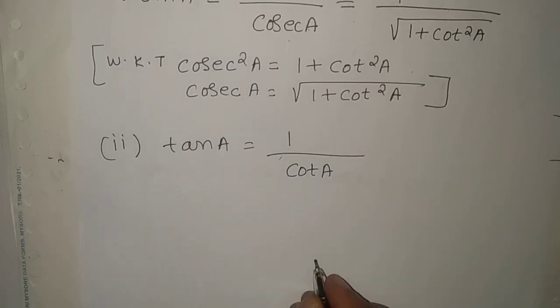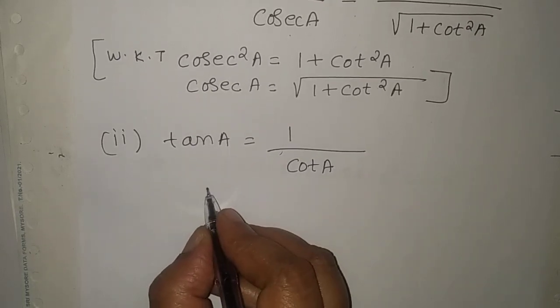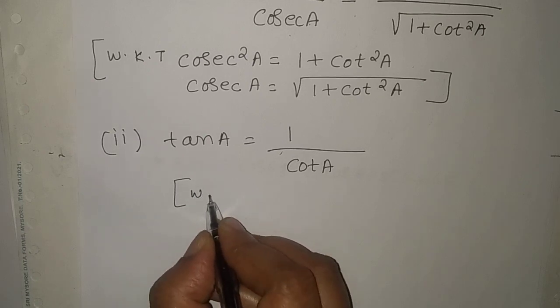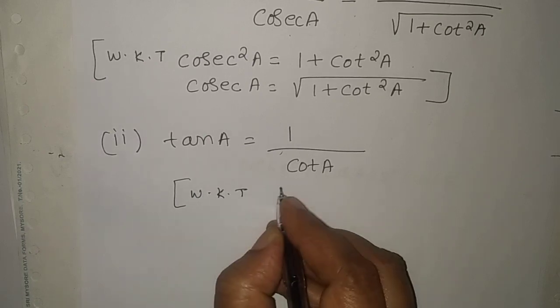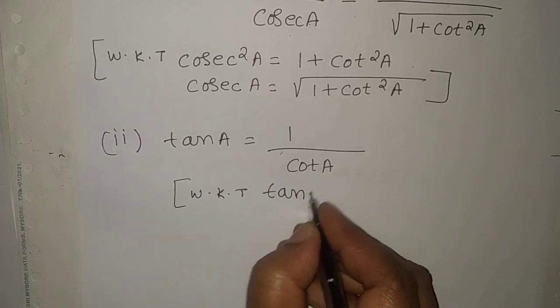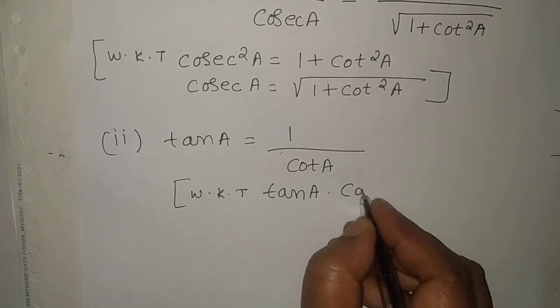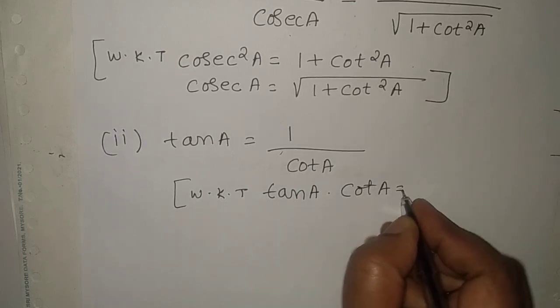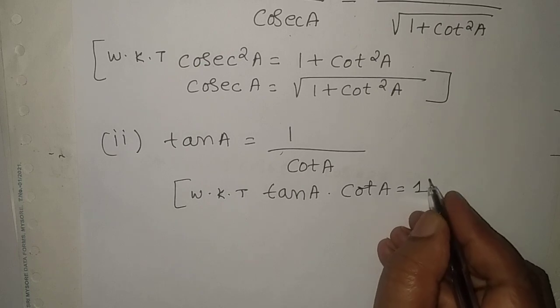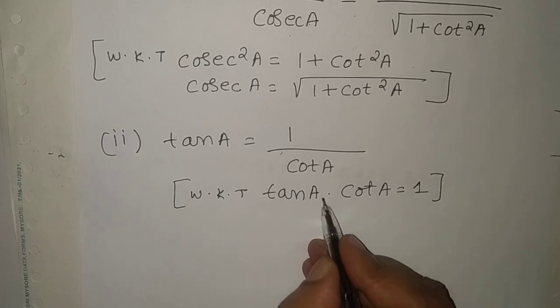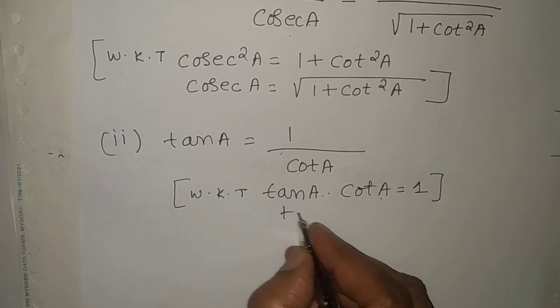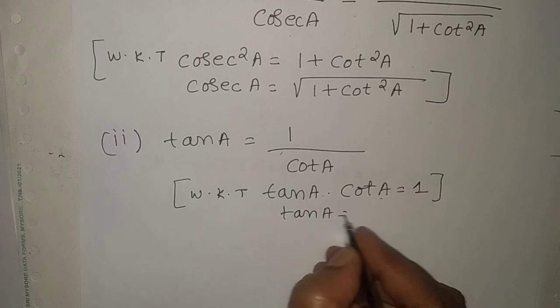We know that tan A into cot A is equal to 1. Then we can write it here as tan A is equal to 1 by cot A.